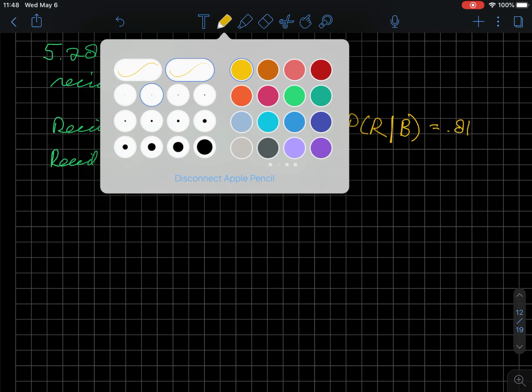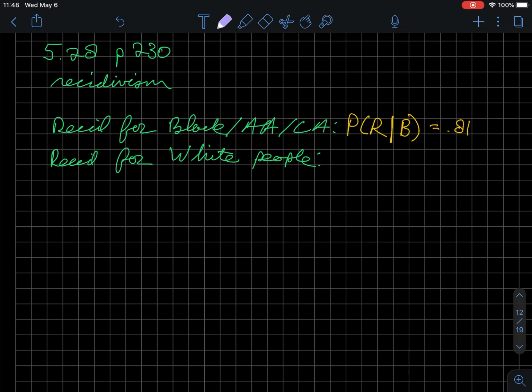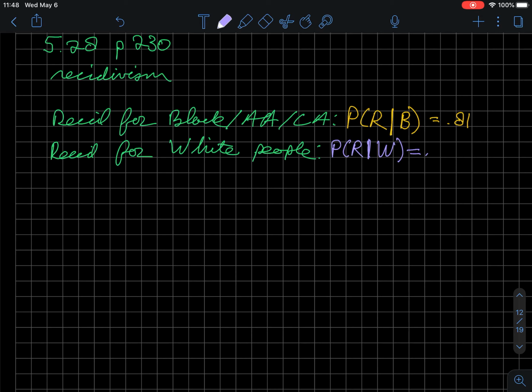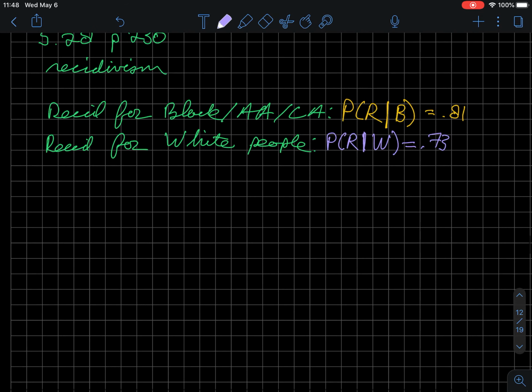Now, if we go back to white people, it's asking what is the probability of recidivism given that you are white. And this, according to what's available here, is 0.73. So this is the way that we would annotate it. We'd make those markings, right? And so we saw the recidivism given someone's ethnic background.